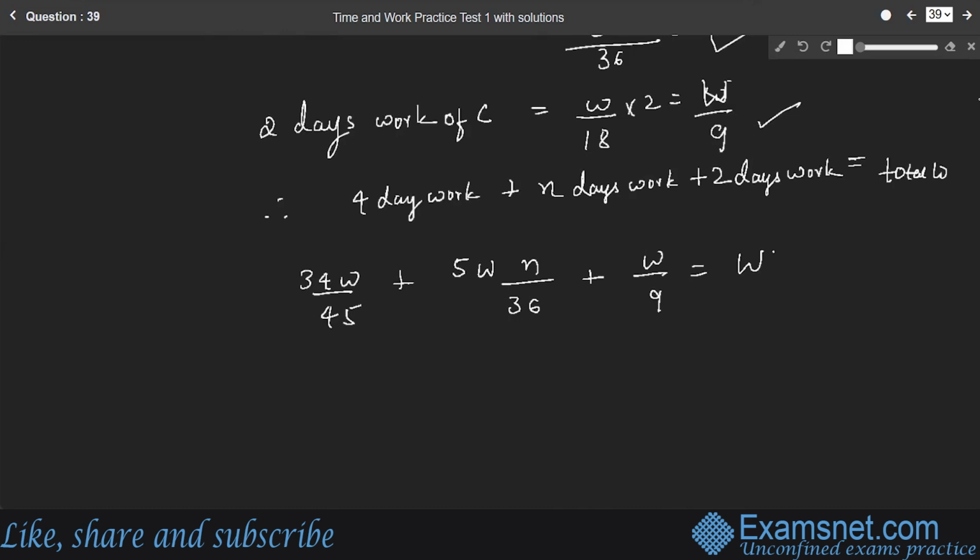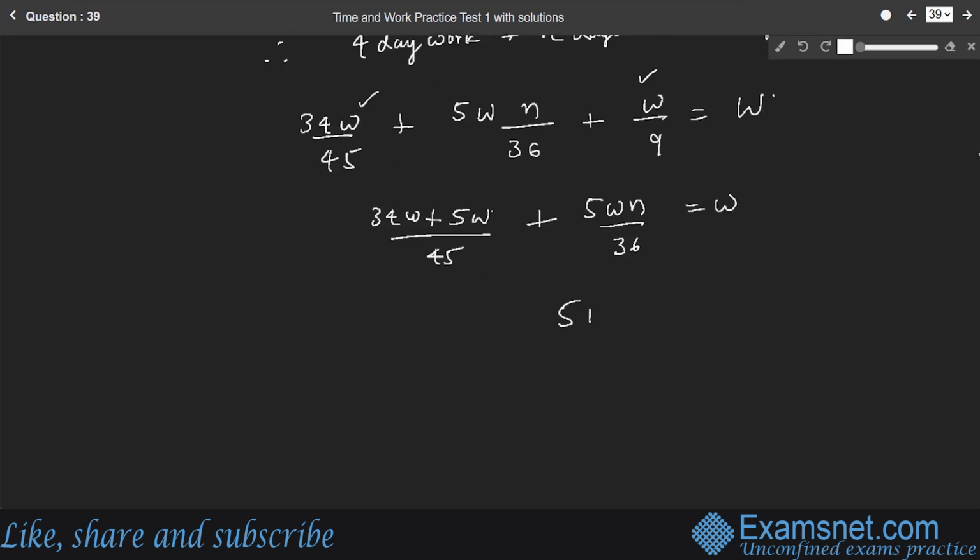We'll consider the first and the last work, 4 days work and 2 days work. Here 45 is the LCM, so 34W plus 5W, and 5Wn by 36 equals W.